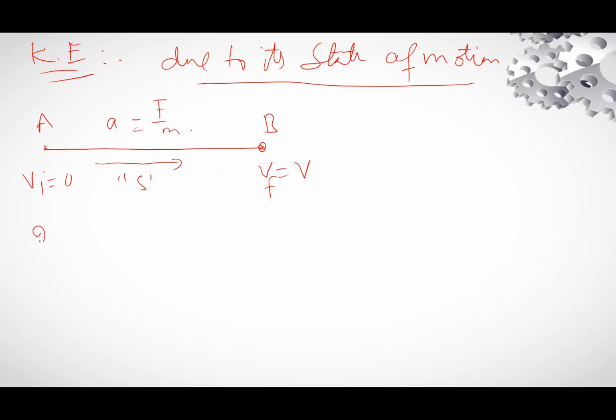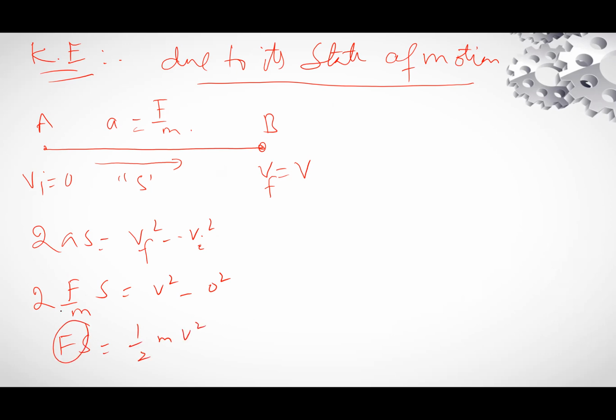So according to the third equation, 2as is equal to v square minus vi square. 2 F divided by m times s is equal to v square minus 0 square. So Fs is equal to half mv square.